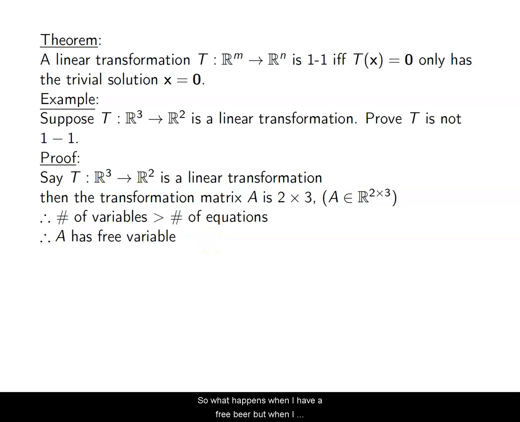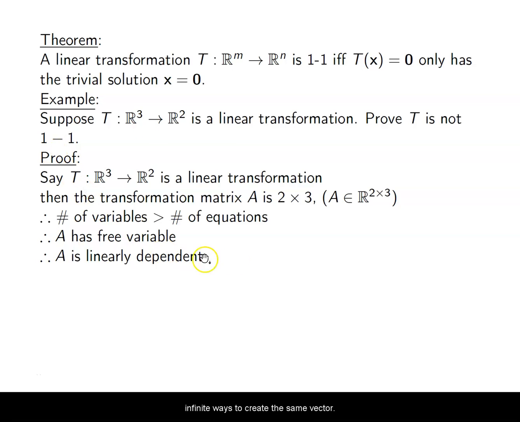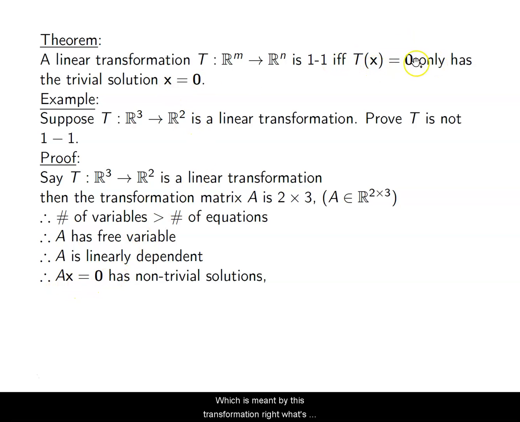That means that I have a linearly dependent system. If I have a linearly dependent system, that means I have infinite solutions. And if I have infinite solutions, then that means I have infinite ways to create the same vector, or that AX equals the 0 vector, which is meant by this transformation, right?